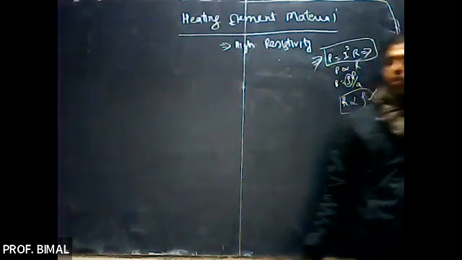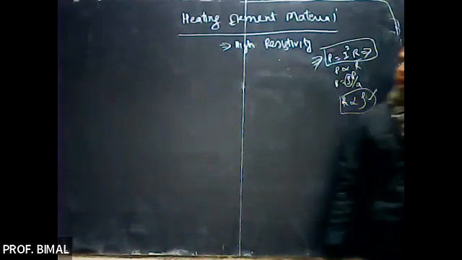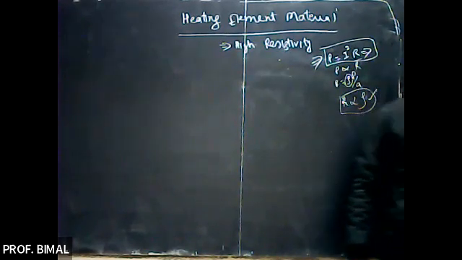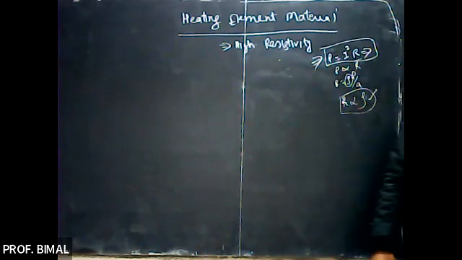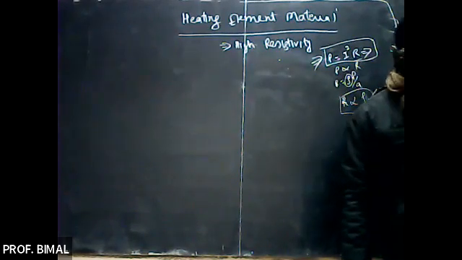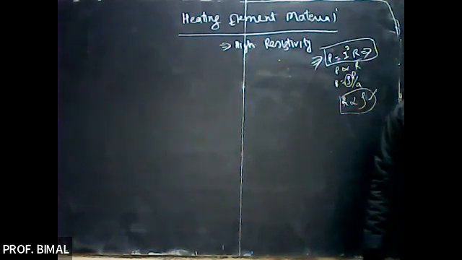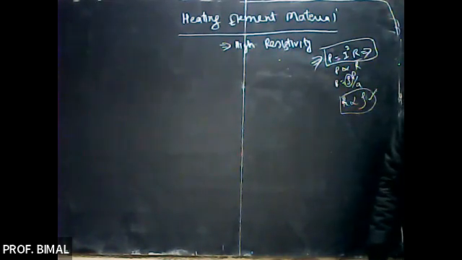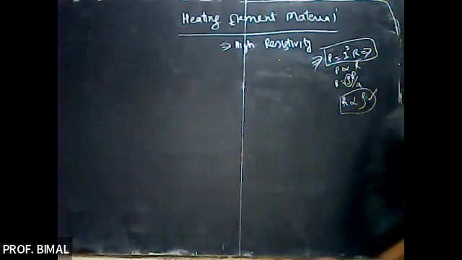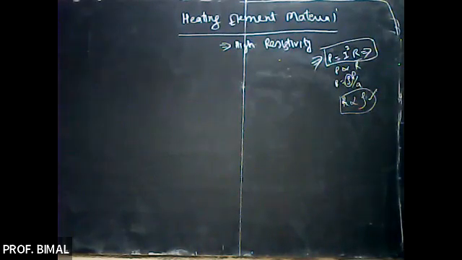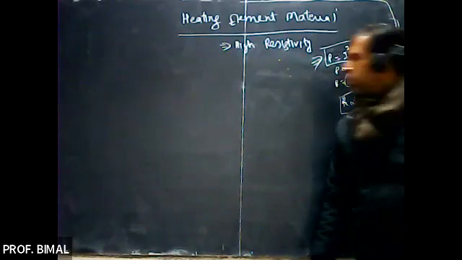If I take the same amount of current and consider different elements, we find that the material with high resistivity will produce more heat as compared to the other.